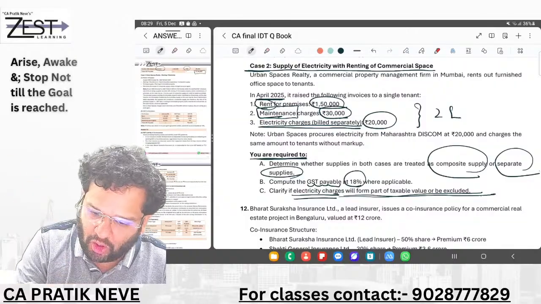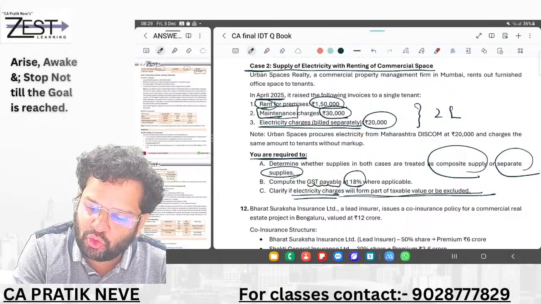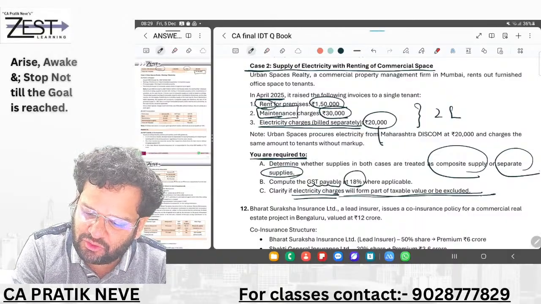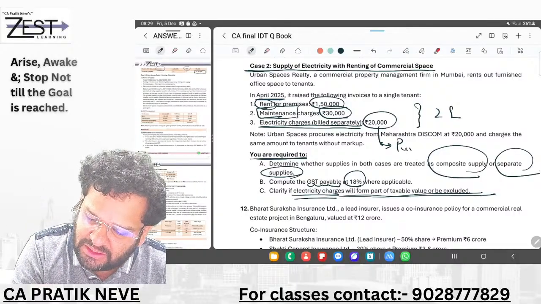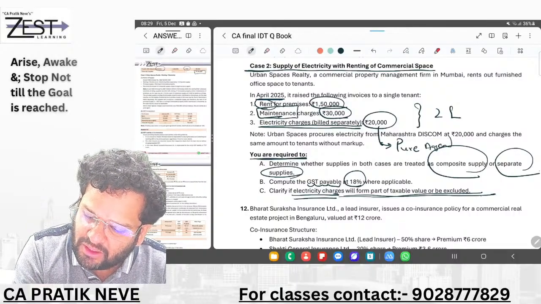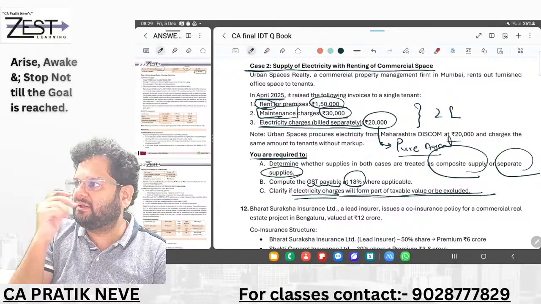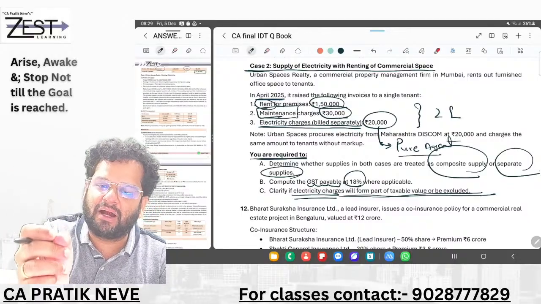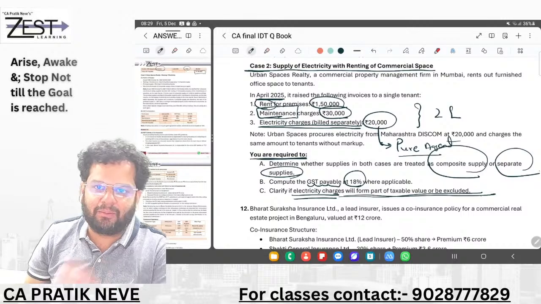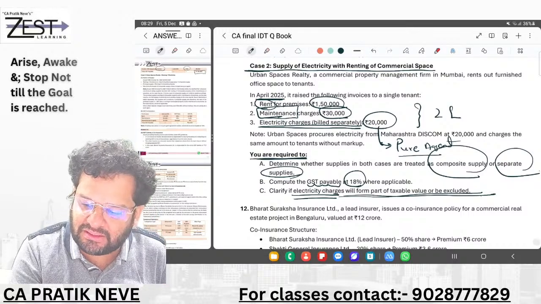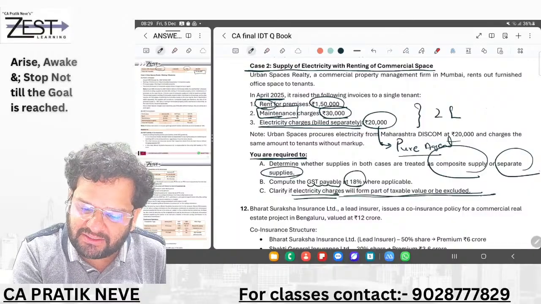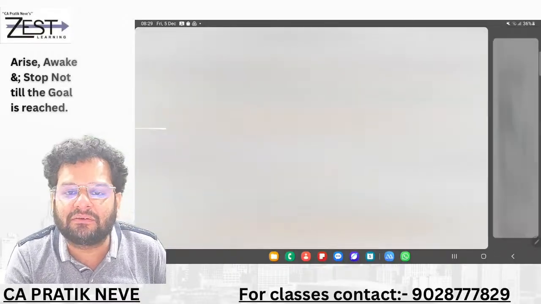So of course, on this 20,000, there is no GST. This 20,000 I am taking from you as a pure agent. You are getting the bill from Discom. That amount I am just recovering from you. So assessable value here will be not 2 lakh, but 1,80,000.